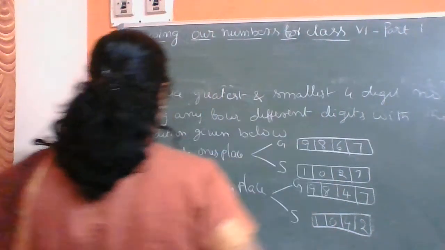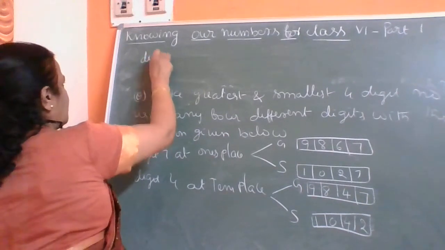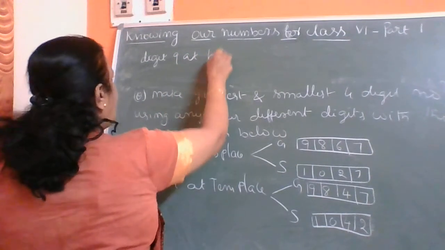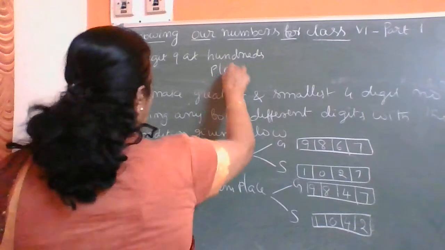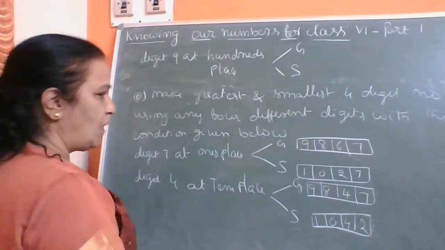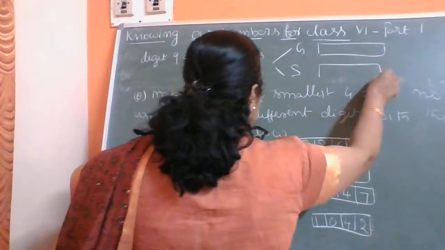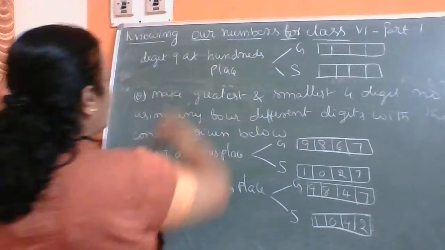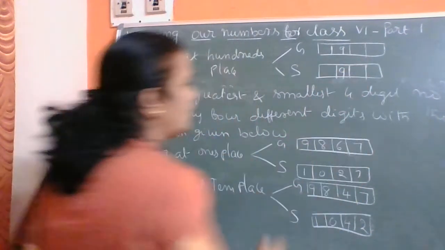Next, one more here: digit 9 at hundreds place. You have to make the greatest and the smallest 4-digit number, and the condition is 9 should be there in the hundreds place.